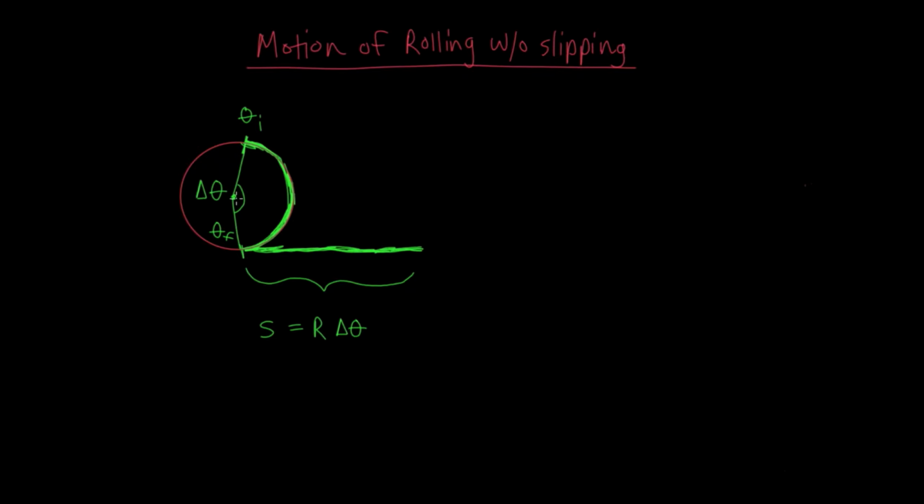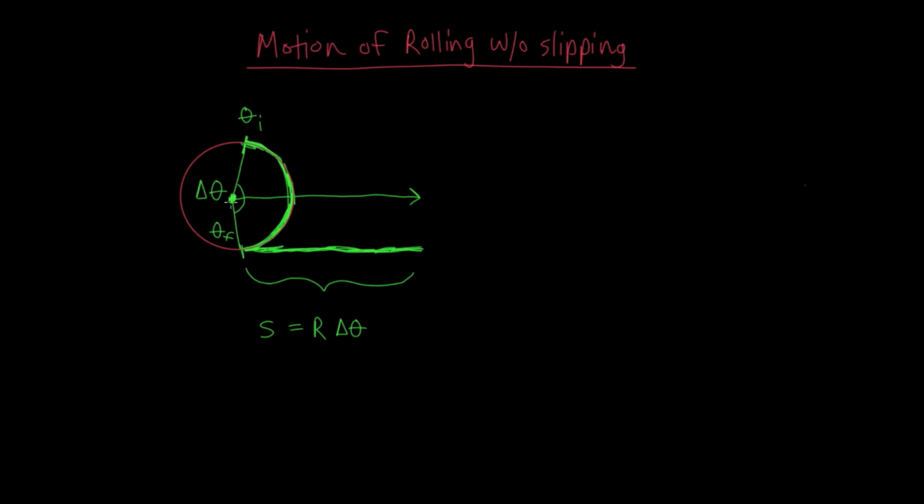And so let's look at the center of mass of the ball, which is at this green dot right here. When we push the ball forward, the center of mass also moves forward. It moves this distance forward. And so the center of mass travels a distance that is equal to the length of the green paint on the floor, because notice how these two lengths are equal.